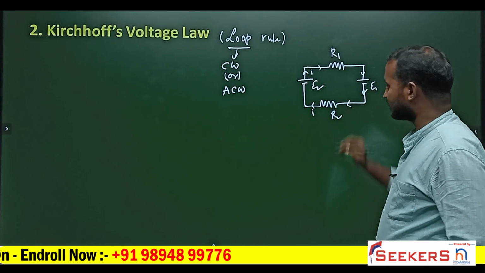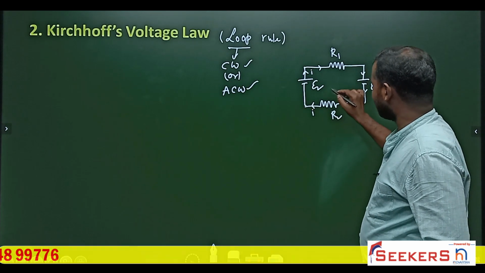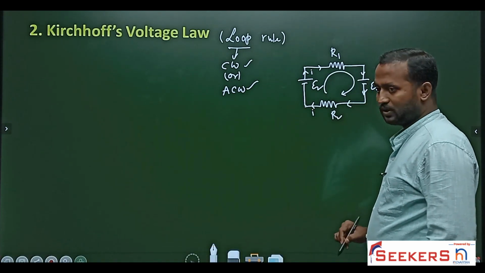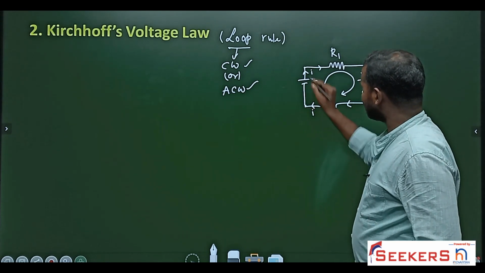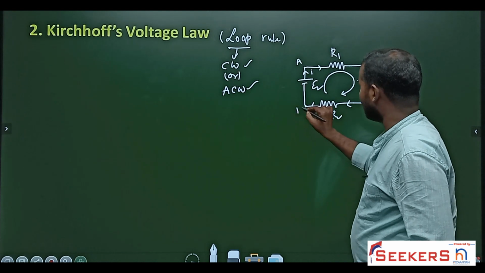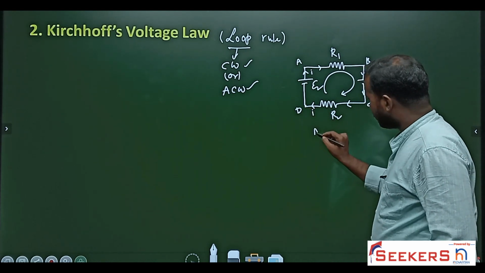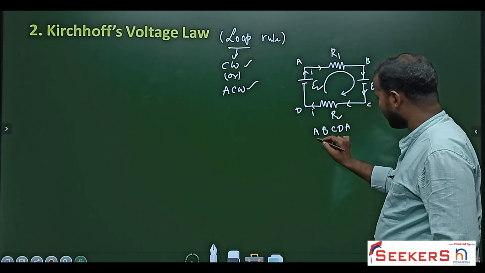After obtaining the current values, I can take either clockwise or anti-clockwise. I am taking it as clockwise right now. Just for the sake of understanding, I am calling the points A, B, C, D, A. Loop means wherever you start, you have to get back to the same location again. If you start from A, get back to A.